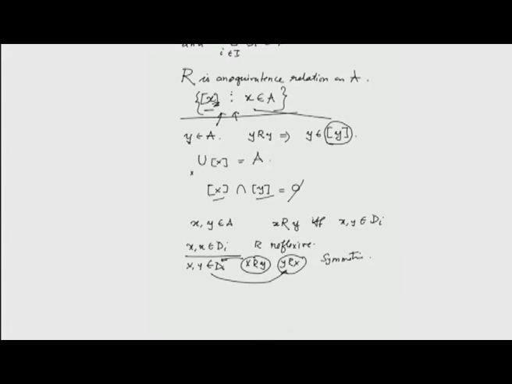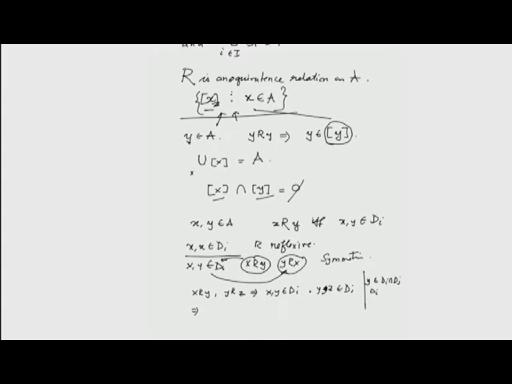and further at the end, if x related to y and y related to z, this implies x and y belong to d I for some I, and y and z belong to d j for some j, but that means that y belongs to d I intersection d j.